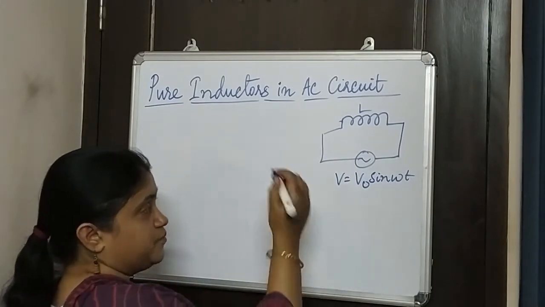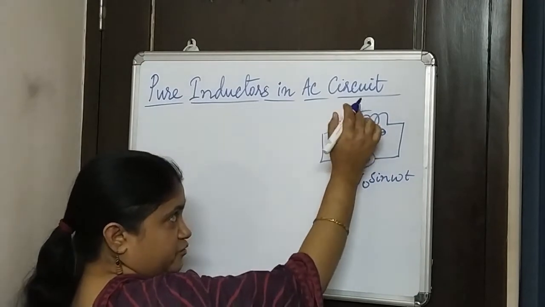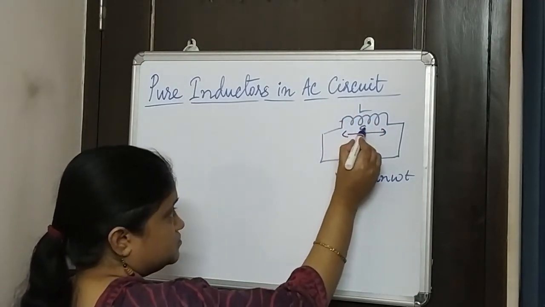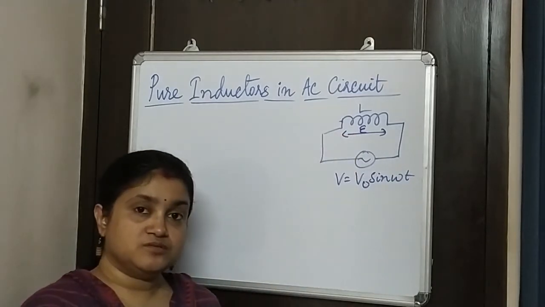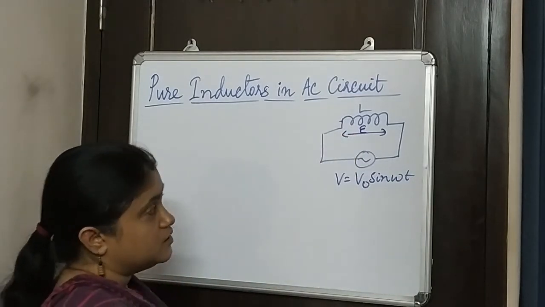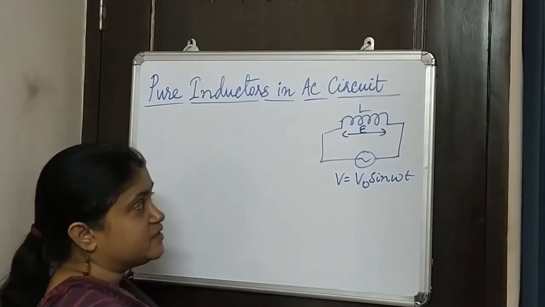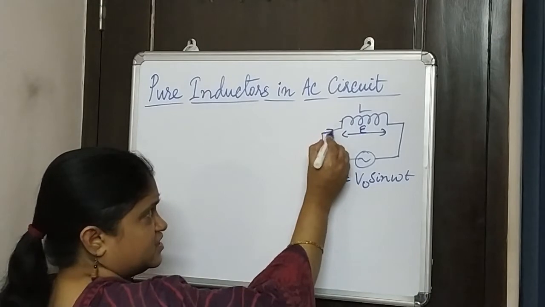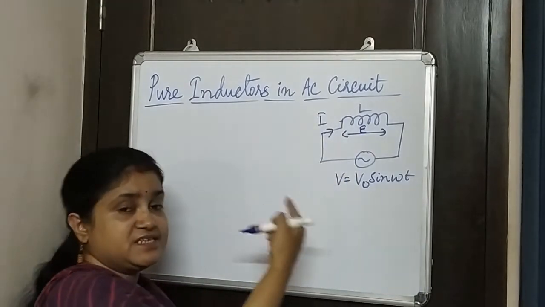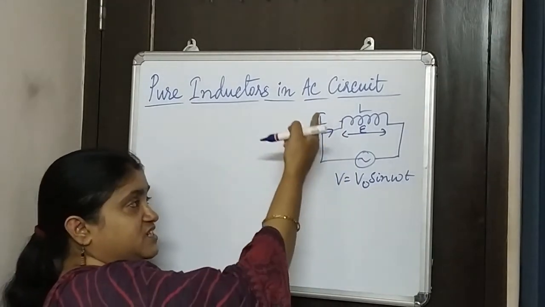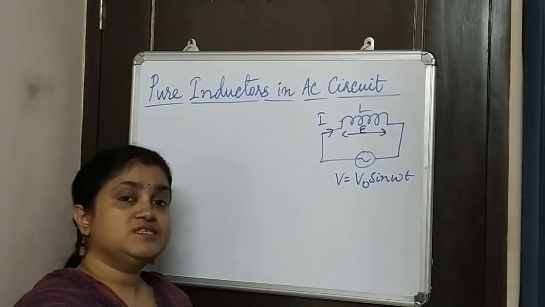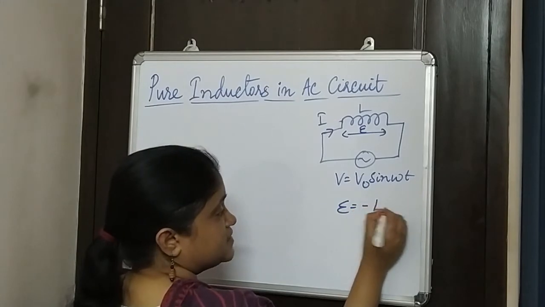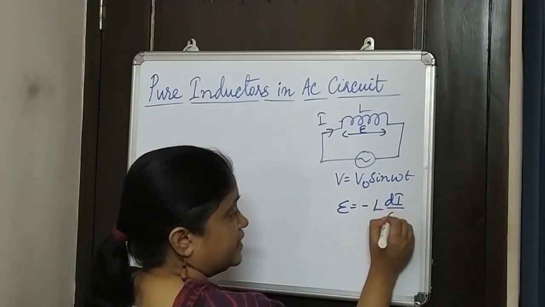Therefore the voltage drop across this inductor would be given by epsilon. As we already know, if the current I is moving through this inductor due to this AC voltage source, then epsilon will be minus L di by dt.